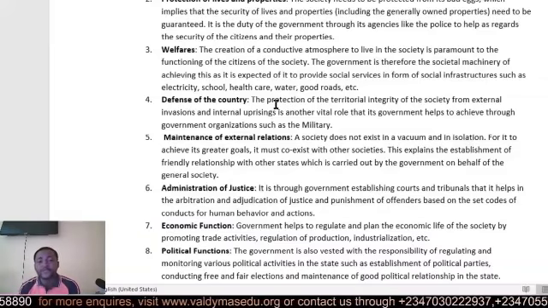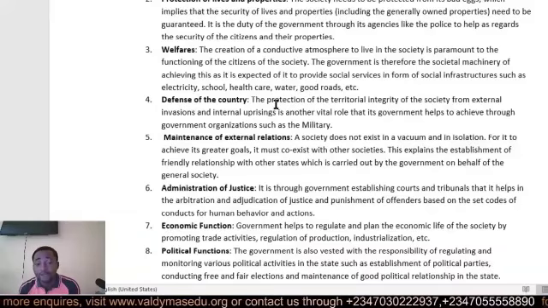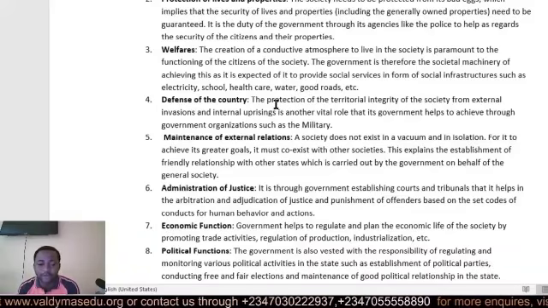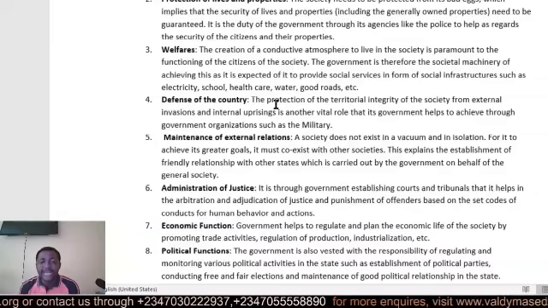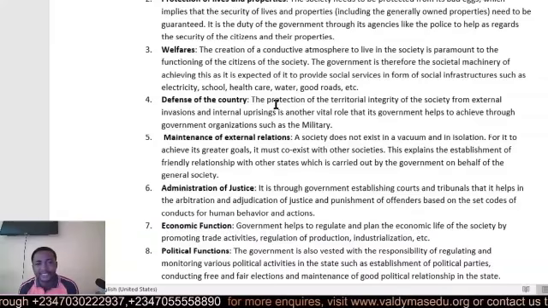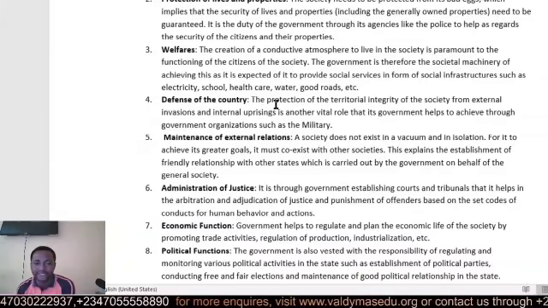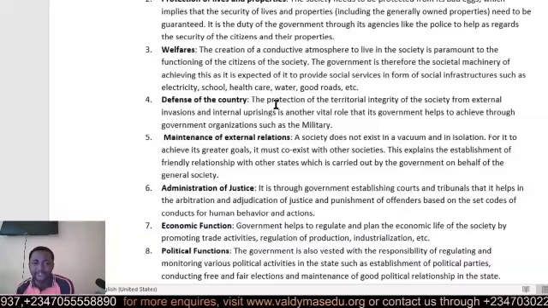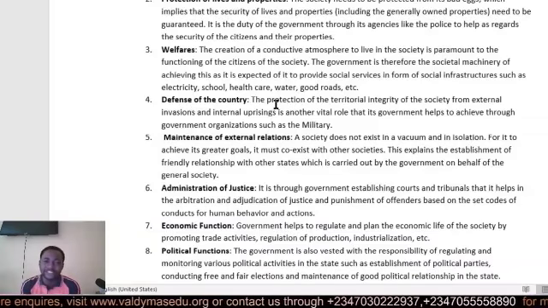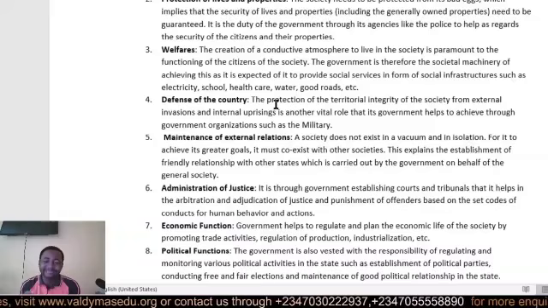Another very important function of the government, or what necessitated its establishment, is the economic function. Government helps to regulate and plan the economy. Every state desires economic development, and even the way a state is regarded among the community of nations is related to its economic development.